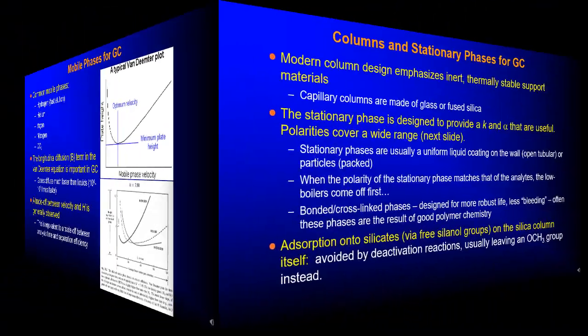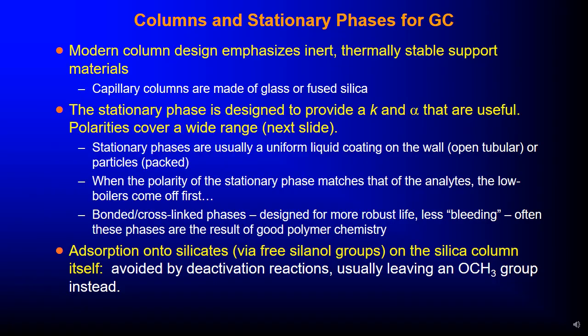Then we have columns and stationary phases for gas chromatography. So modern column design emphasizes inert, thermally stable support materials. The capillary columns are made of glass or fused silica. The stationary phase is designed to provide a k and selectivity that are useful. Polarities cover a wide range.